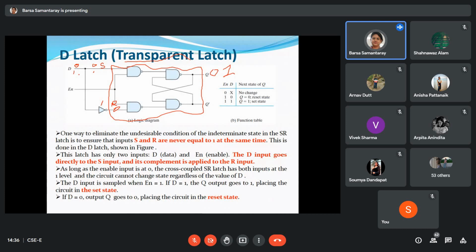Okay. And what is the necessity of D flip-flop? This is known as D latch. मतलब whatever the D value, that will be latched. तो D value अभी यहाँ पे देखो, D तुमने जब इनपुट दिए 0, तो आउटपुट क्या आया? 0 है. जब इनपुट 1 दिए तो आउटपुट क्या आया? 1 है. मतलब whatever the data, that should be latched.